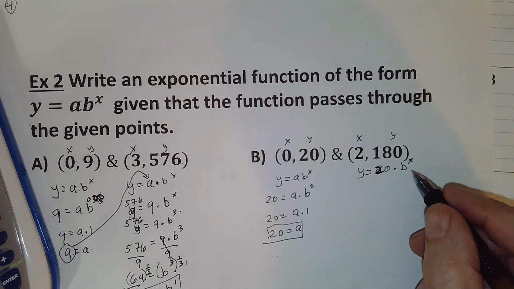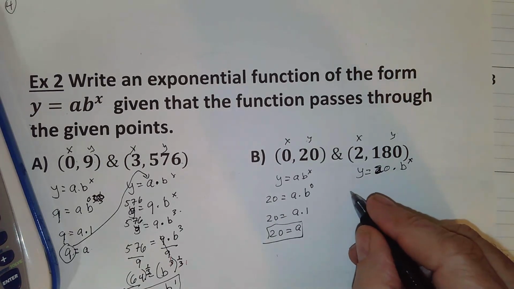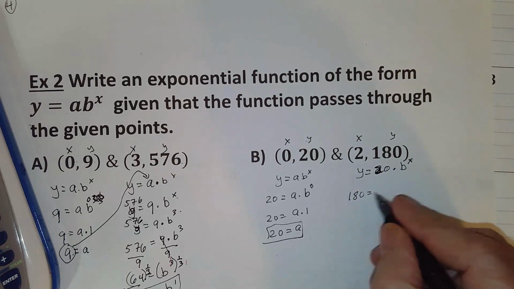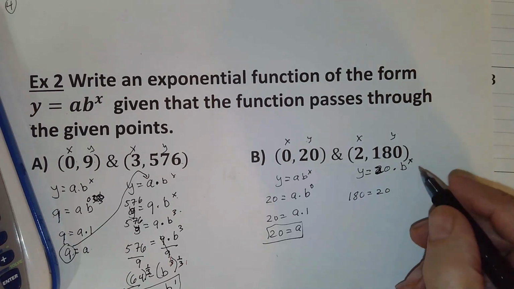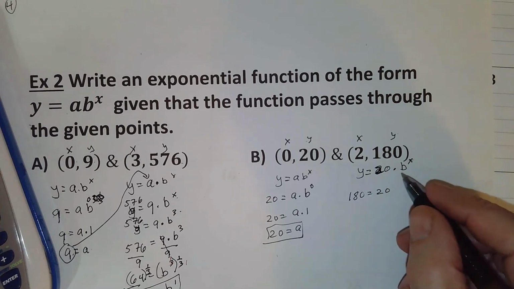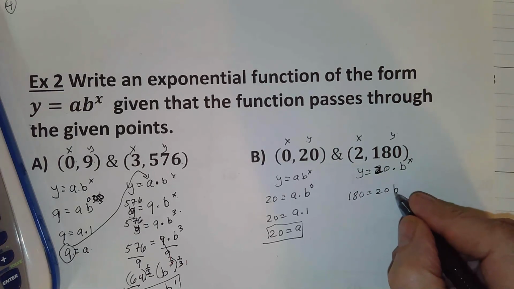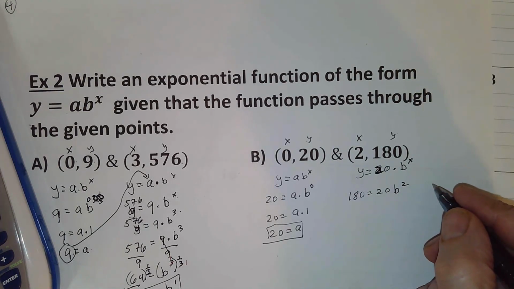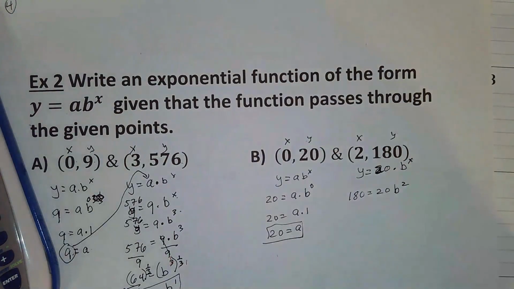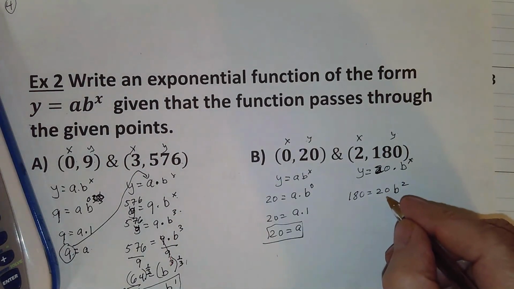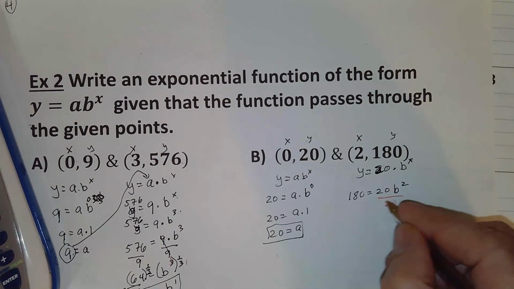All right, your y is going to be 180, so you're going to have 180 equals 20, and your x is 2, so you're going to have times b to the 2. All right, and then you're going to want to get the b squared by itself, so you divide by 20 on both sides.